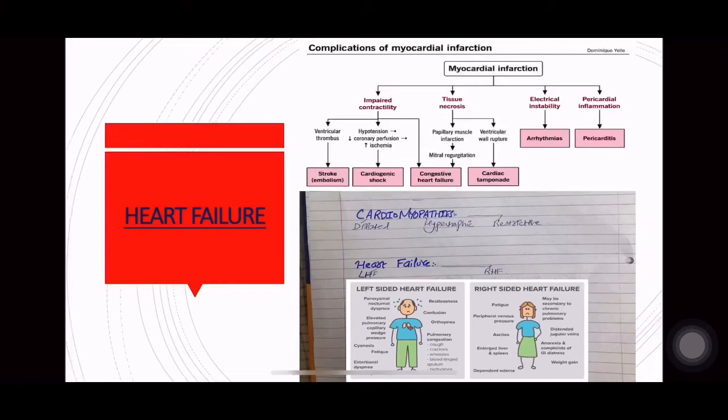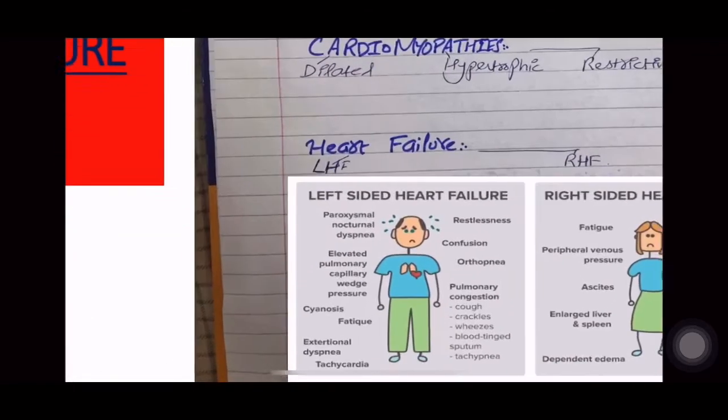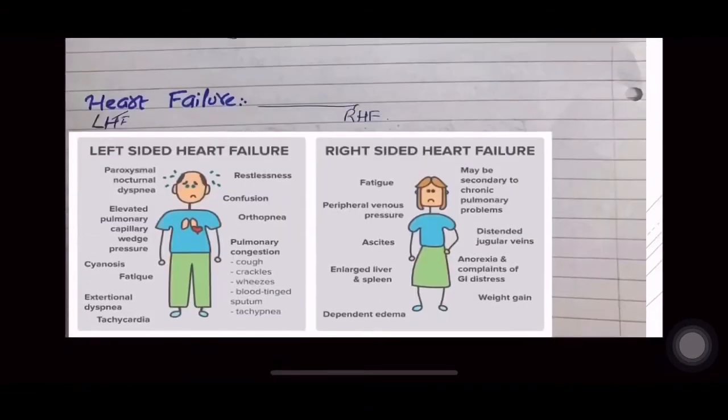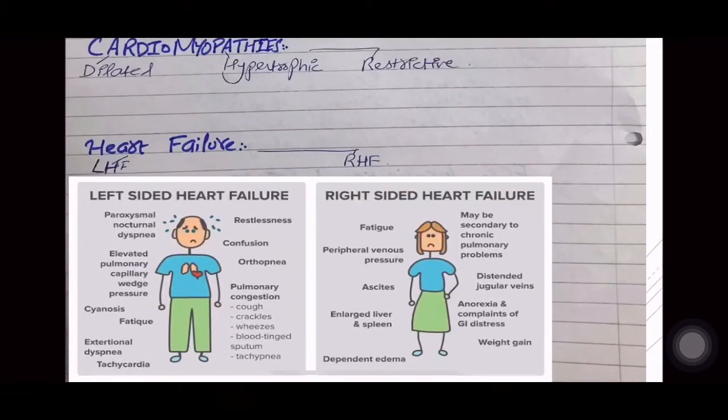Our next topic is heart failure. We have two types of heart failure: left-sided heart failure and right-sided heart failure. Here are the symptoms of left-sided and right-sided heart failure. Note them down.